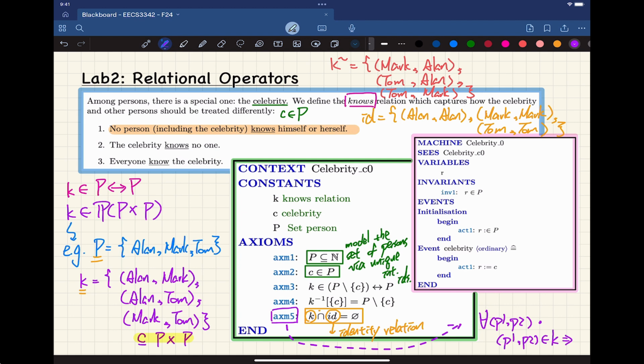They shouldn't be equal, right? So this will be P1 not equal to P2. That's another way to put it. You might find this more intuitive, but you should know both. This will be an alternative to axiom number 5.